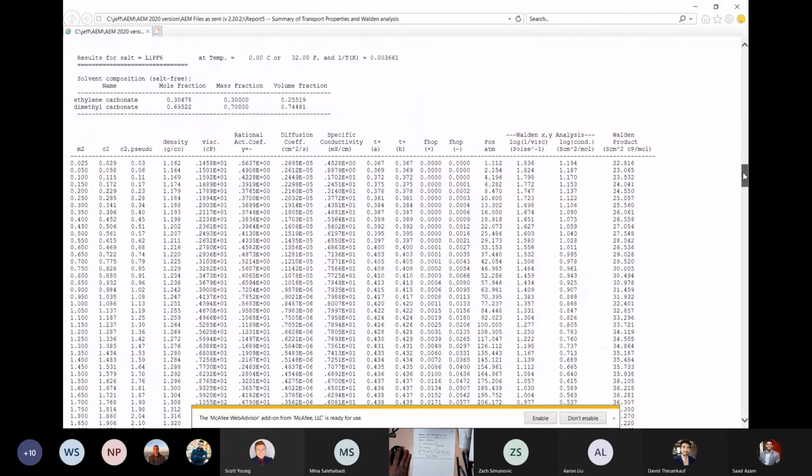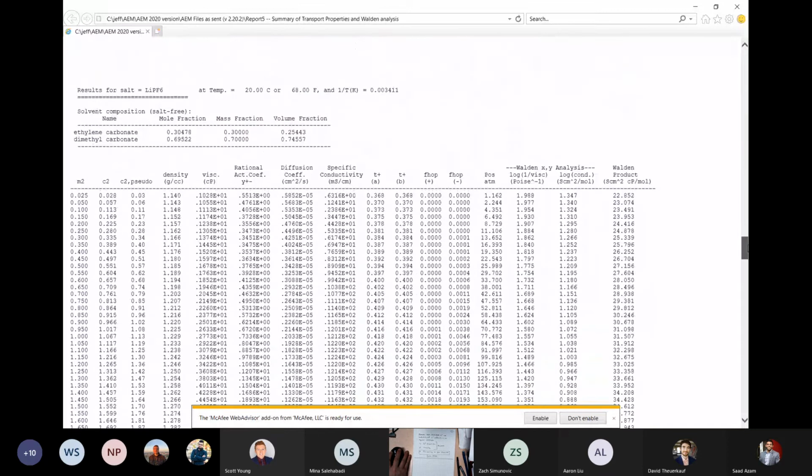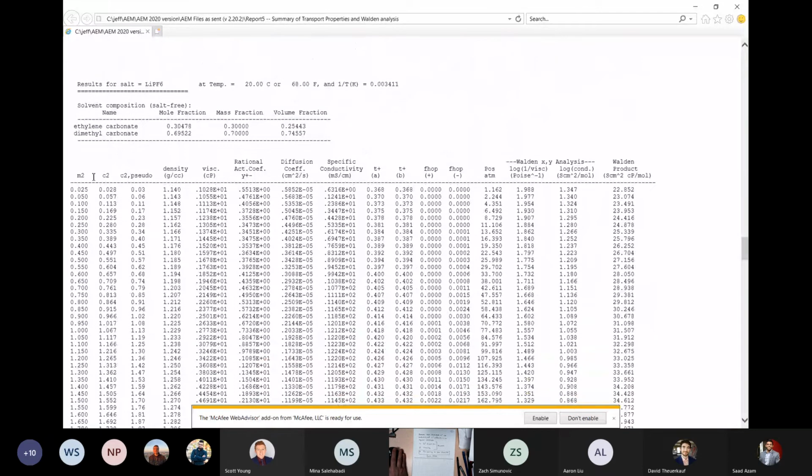Now we're at 0 degrees, 10 degrees, 20 degrees C. Here's 20 degrees C. So if you wanted results for 20 degrees C at 1 molar, 1 molal, there they are, right? So it's quite incredible. This thing is a really great tool. So everybody should be aware of it if you ever want to do work in the battery space in a serious way.